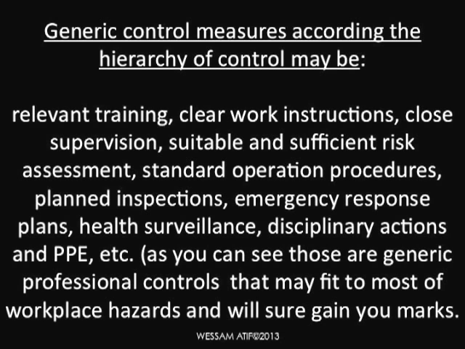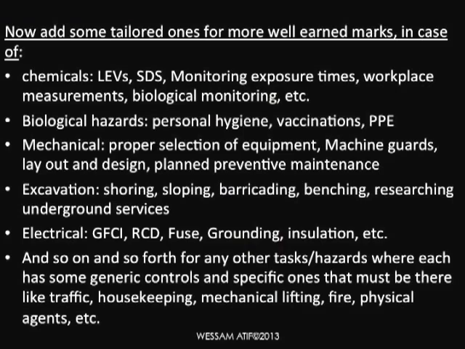So don't tell me that there is any task or any hazard that you don't know what to say in your answer. You have generic controls that you can put in any question and you will get 50%. And then after that, you can tailor according to the task so that you can move on from pass to distinction or to credit. So now add some tailored ones according to the task.